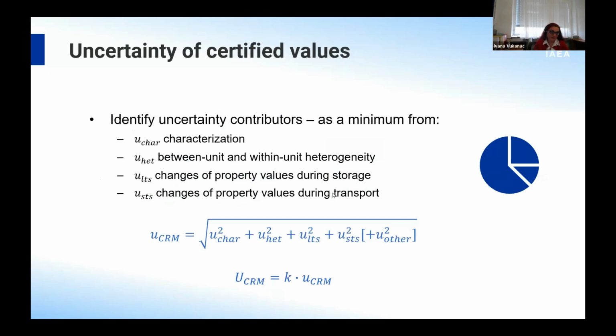And last but not least, after performing stability study, homogeneity study, and characterization, we have all information necessary and we combine all obtained contributors and form a comprehensive uncertainty budget for the assigned value.